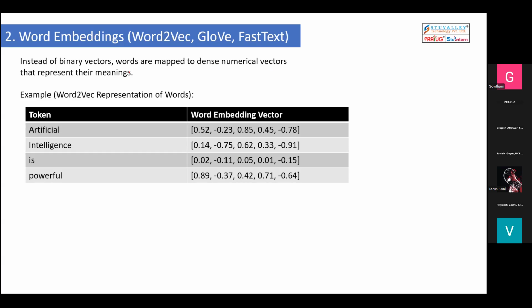For example, the word artificial is represented with this kind of numerical format. We are not using binary here. Models like Word2Vec, GloVe and FastText convert the word into a numerical representation, and this is what we call word embedding. Actually, what it's doing is capturing the meaning of that particular word.